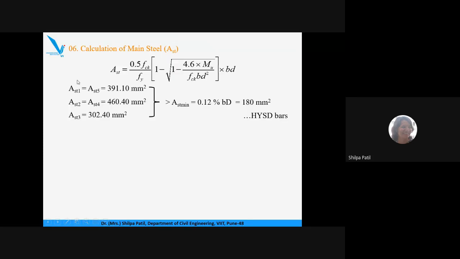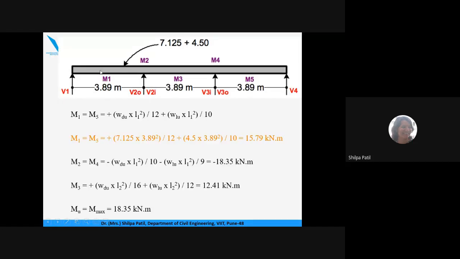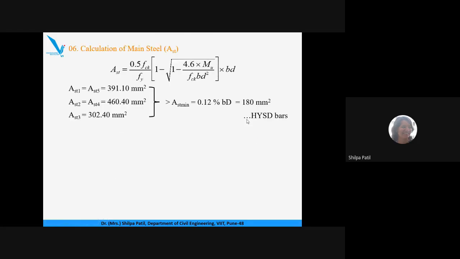So now to find out AST1 and AST5, I will go back to the diagram again here. AST1 and AST5, we will provide the area of the steel in this slab and in this slab, because M1 and M5 both are same. The moment is 15.79. So that value is put here against MU.